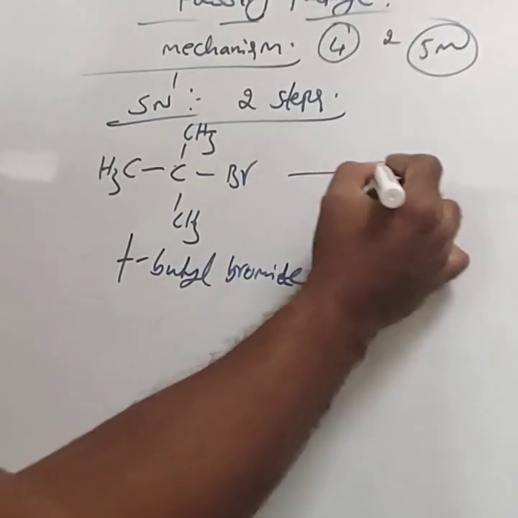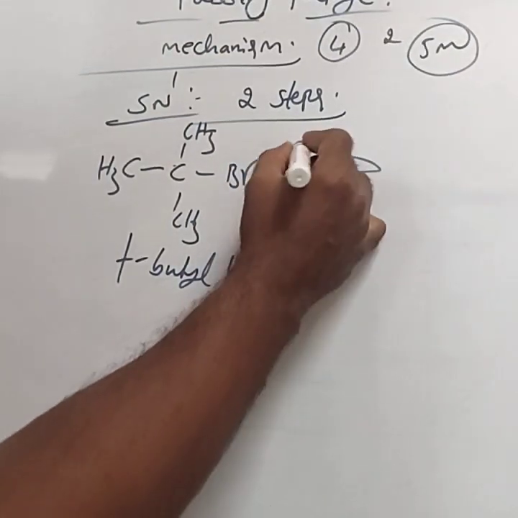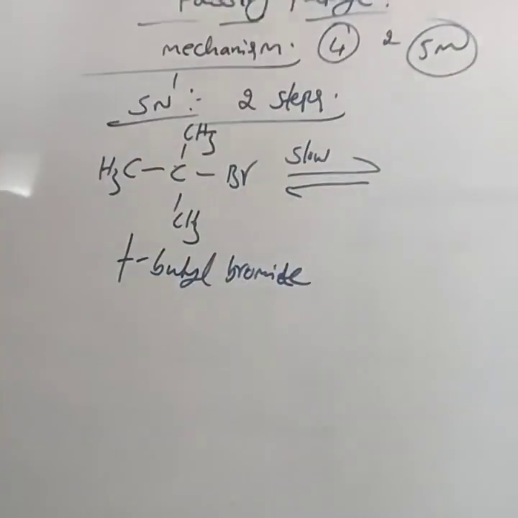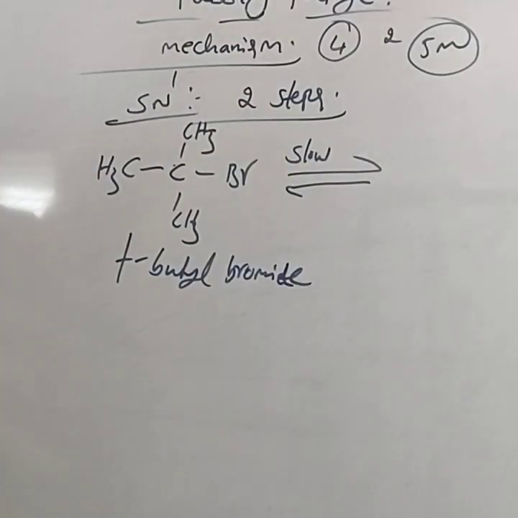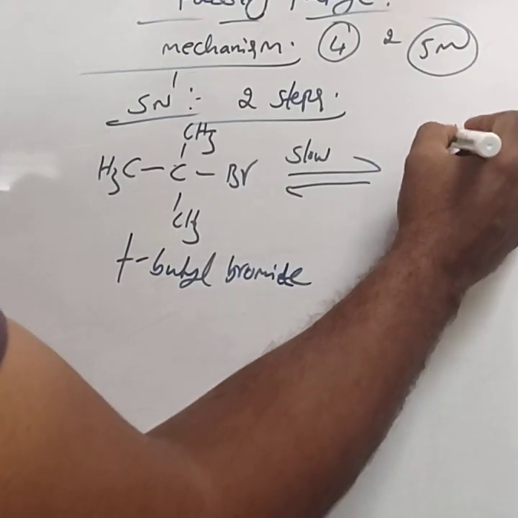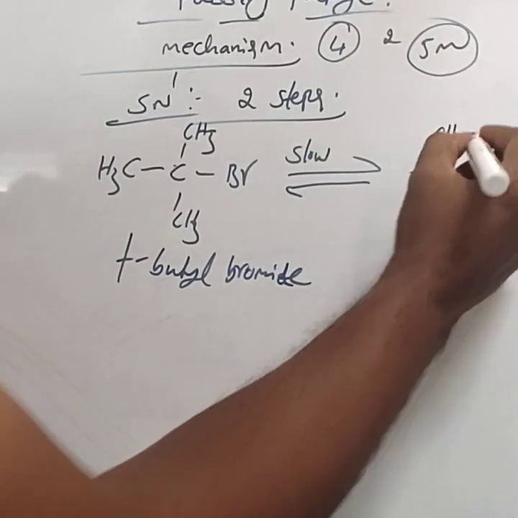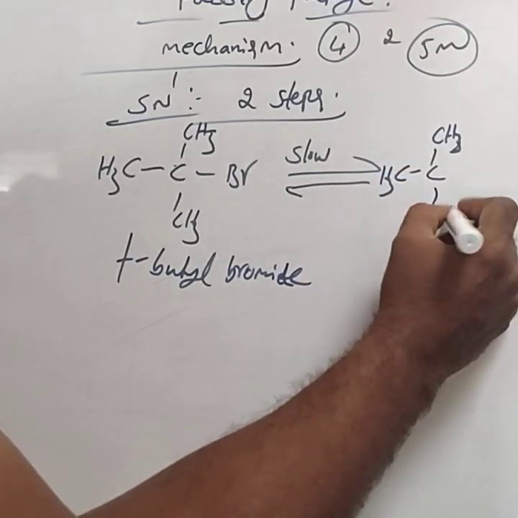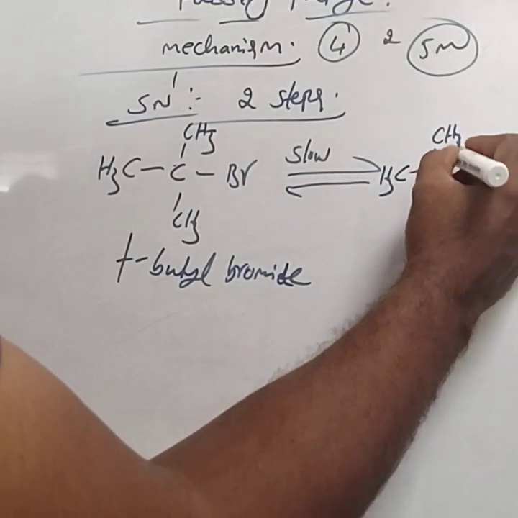Tertiary butyl bromide undergoes slow dissociation, slow ionization, to form (CH3)3C plus.